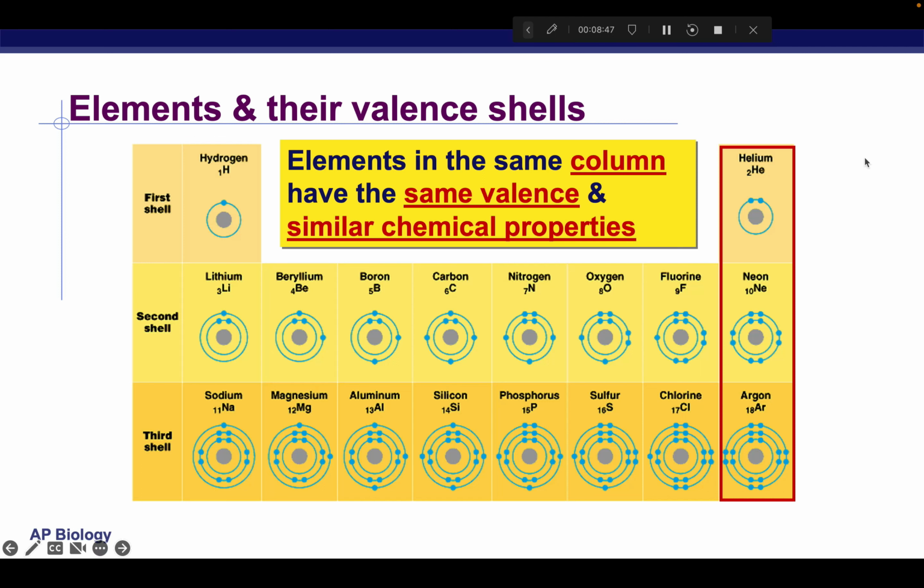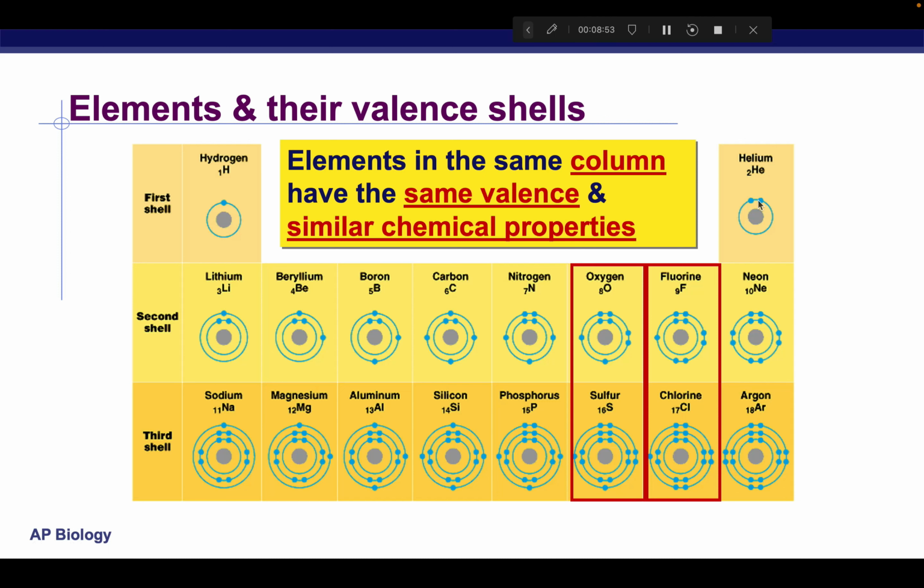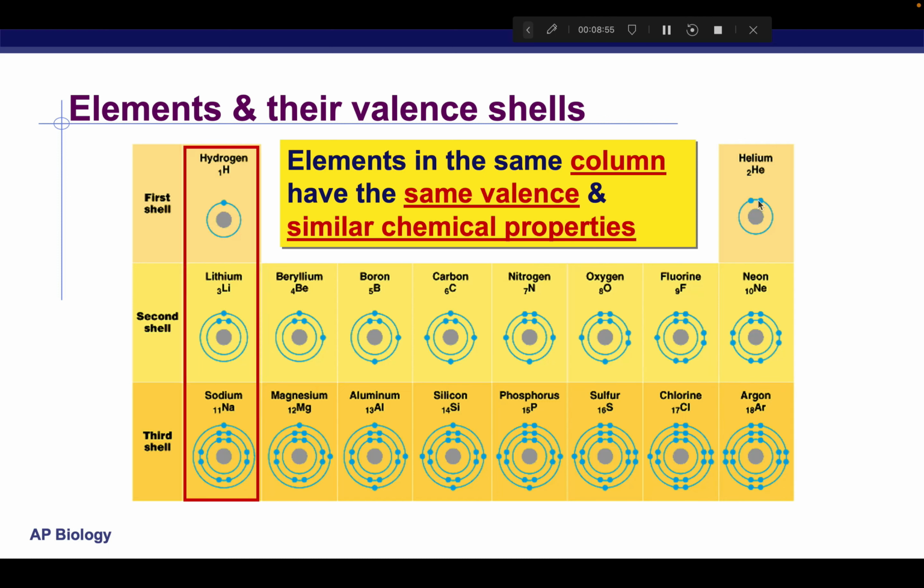So 8, except for helium, right? Helium only has 2. And we've got 7 and 6. And then from the left, all of these in the first column have 1 valence electron, then 2. So it follows a sequential pattern.